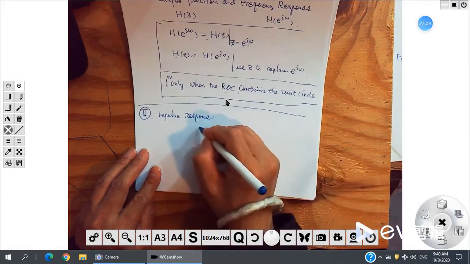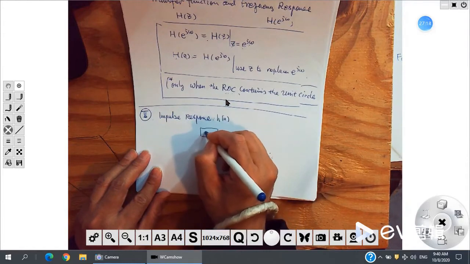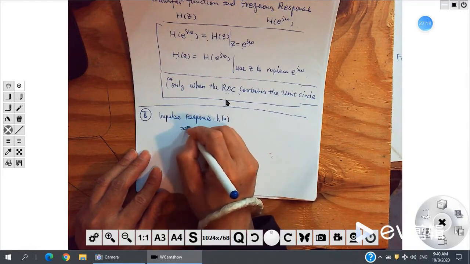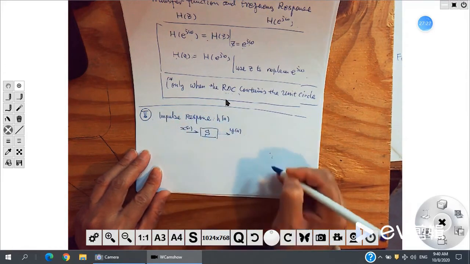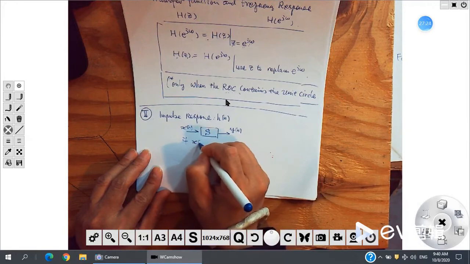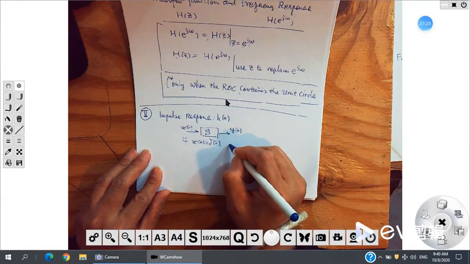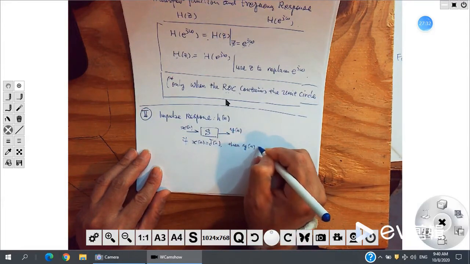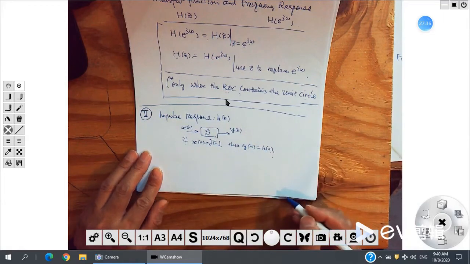For LTI, we still use h of n to denote it. Let's suppose this is the system. You have x as input, y as output. If x of n is the unit impulse, then y of n is h of n. That's the impulse response, right?